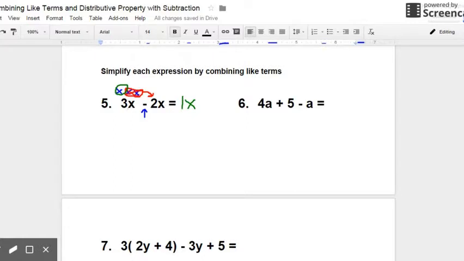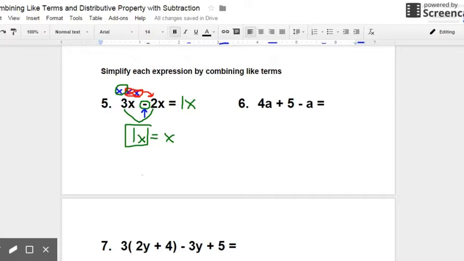Just like before, we look at the numbers and subtract them because of the subtraction symbol right here. 3 minus 2 is 1, and we bring down the x right next to it. Of course, you could also have written this as just x. These mean the same thing, so either way is perfectly fine.